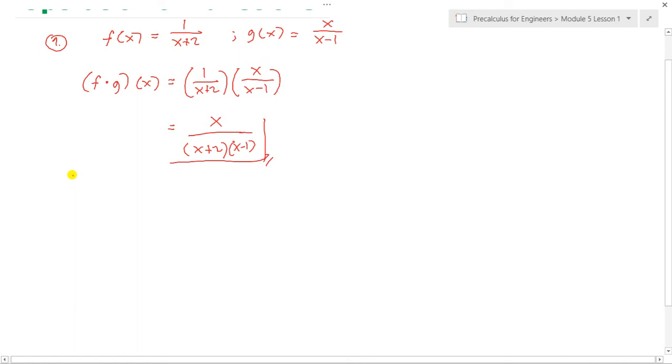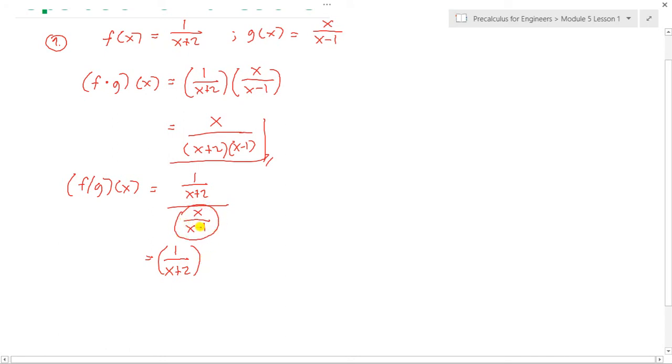The next one is division. So let's proceed with division. So we have (f/g)(x), that is the notation, and then write the numerator. So the first one is f(x), and the denominator is x all over x - 1, and then you can proceed to multiplication by writing the dividend and then the divisor, since this is division.